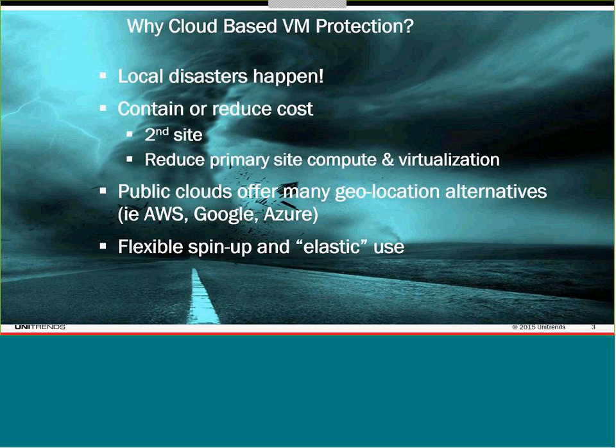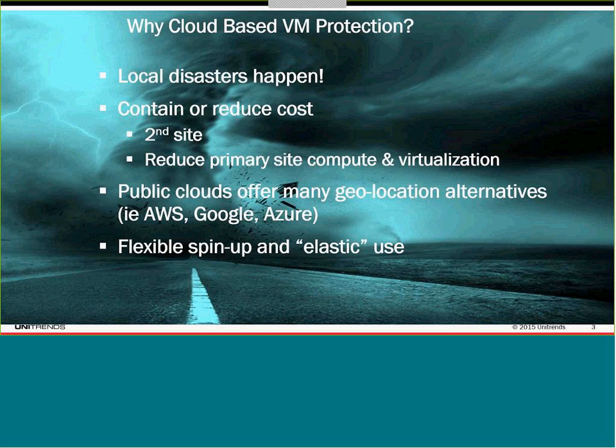All cloud vendors offer many geo-based location alternatives. For example, AWS, Amazon Web Services, has 11 geographic regions around the world. I believe Azure has upwards of 17, and I know that Google is in multiple geographies as well.